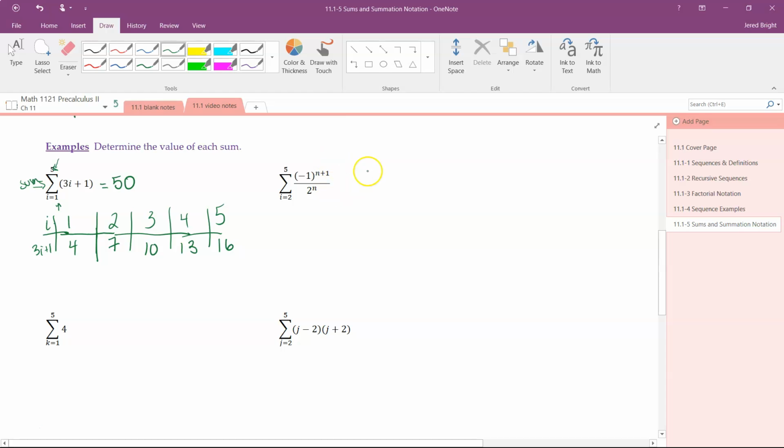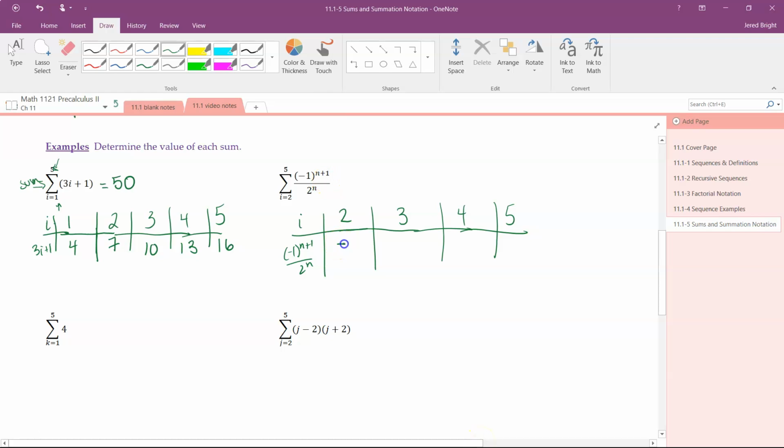This next one, okay, I'm going to begin with the same approach. It might be helpful to do an i and then this negative 1 to the n plus 1 over 2 to the n table. And it says add when i is 2 to 5: 2, 3, 4, 5. Okay, so let's see, this negative 1 to the n means that all the evens are going to be negative.